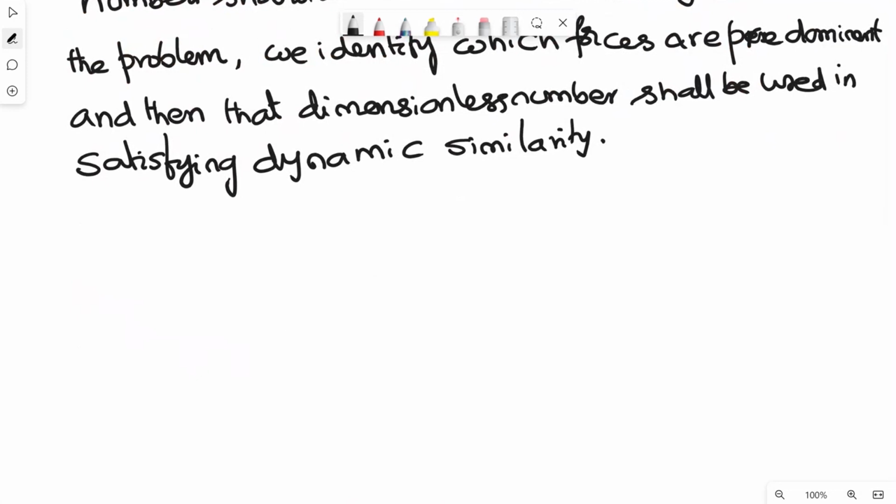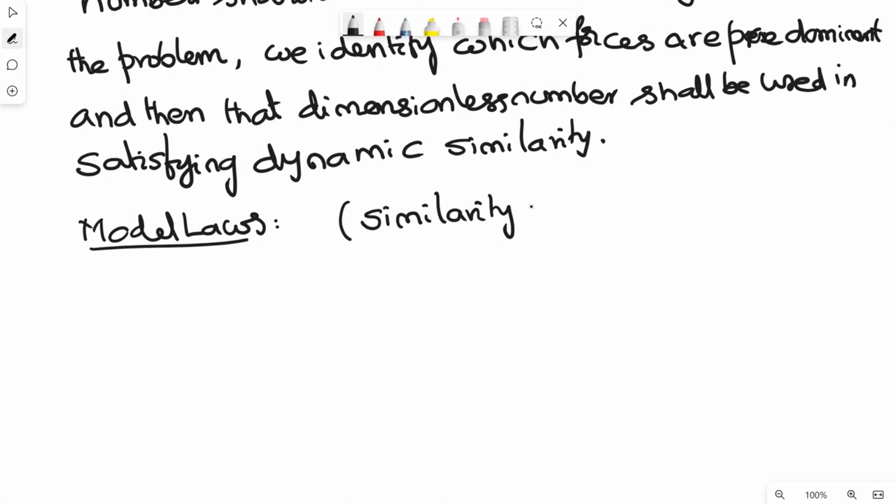Now, based on these numbers, the model laws are defined. Model laws are defined based on these numbers only, and these are also called similarity laws. What are these model laws actually? Based on these numbers, number one is the Reynolds model law.